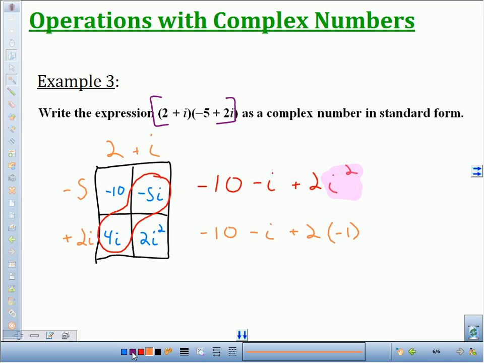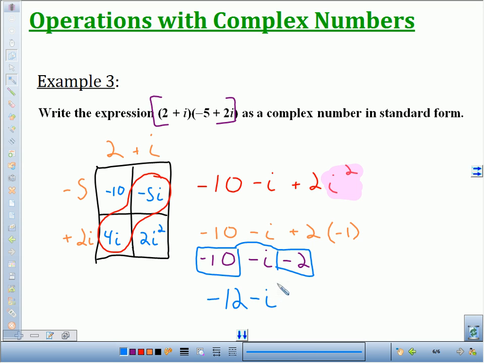All right, so when we work this out, negative 10 minus i, 2 times negative 1 is negative 2. Well, it should come as no surprise that I can combine negative 10 and negative 2. When I do that, I end up with negative 12 minus i.